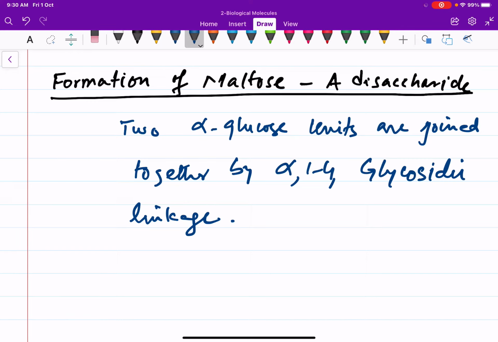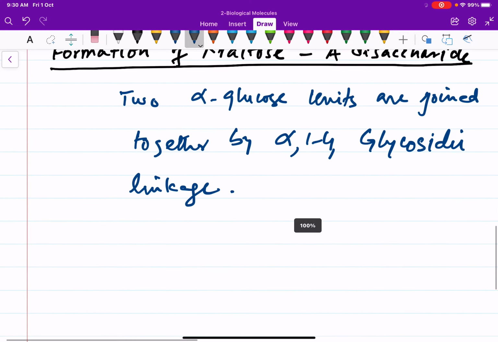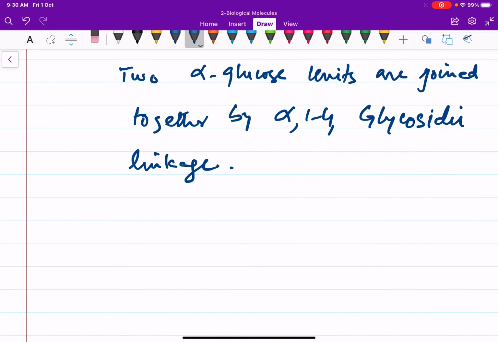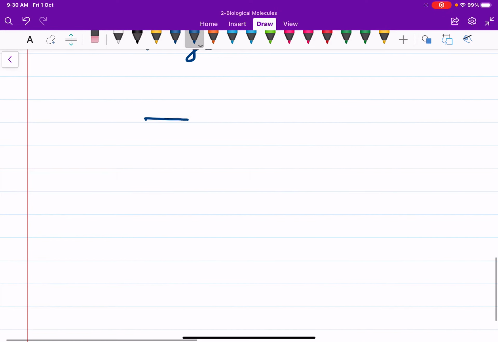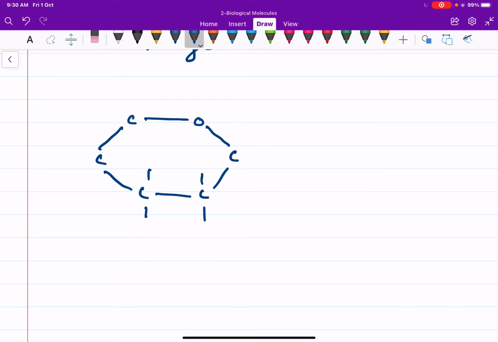You already know the structure of an alpha glucose. So if I draw an alpha glucose here, you know this glucose is a hexose sugar, so it has 6 carbon in it.